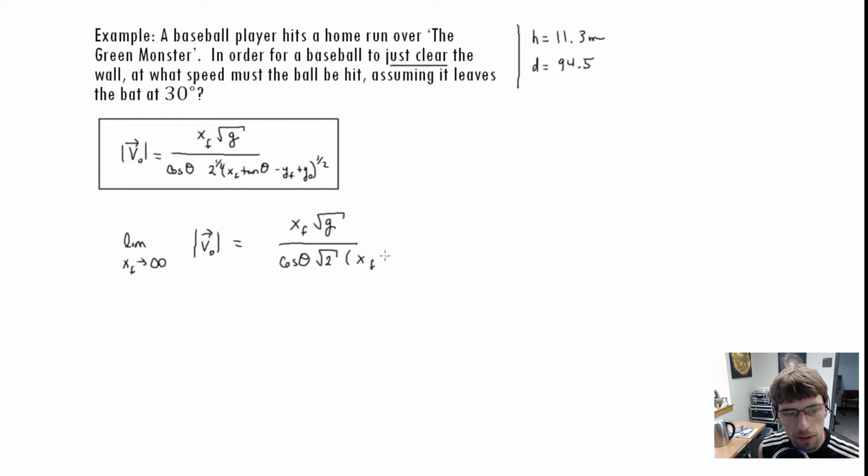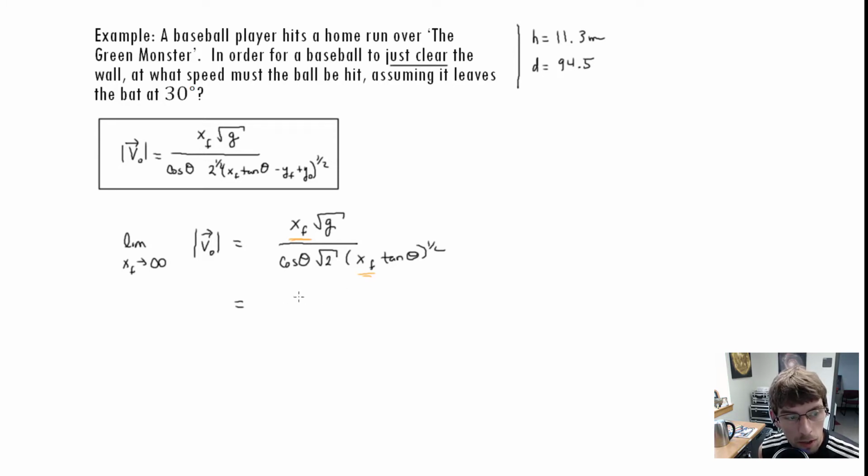So I just end up with x final tangent of theta to the 1/2. Notice I have an x final here, and a square root of an x final, so that should give me a square root of x final in the numerator.